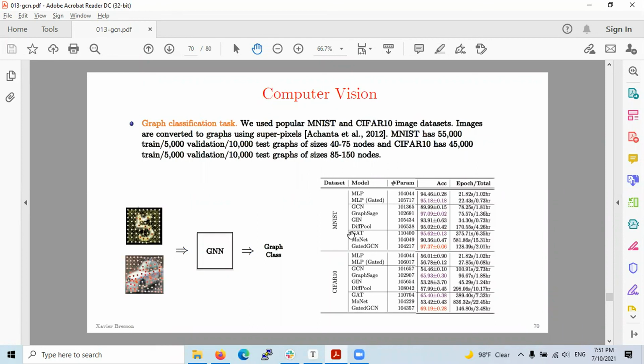For example, if you compare the gated GCN, it takes 128.39 seconds per epoch, but if you use a simple MLP, it uses 21.82 seconds. So again, this points to the fact that these are very sparse linear operations, and the current hardware is not optimized to solve these very quickly.